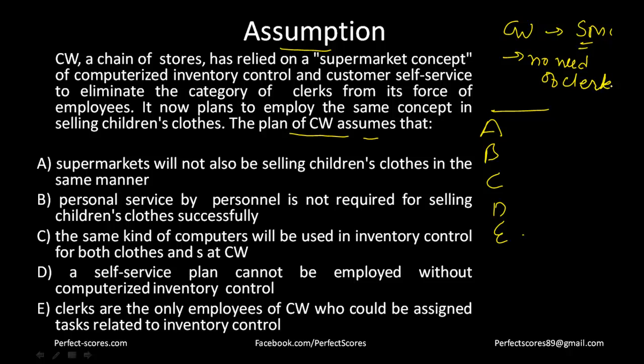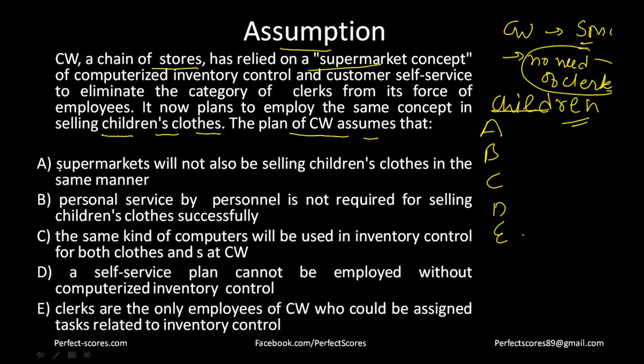Now it is trying to employ the same concept in selling children's clothes. So if you see, this is a kind of analogy again. Whatever it was trying to do in the chain of stores, the supermarket concept, it is now trying to employ the same concept in selling children's clothes. So what is the basic assumption? Let's go ahead and try the negation test.